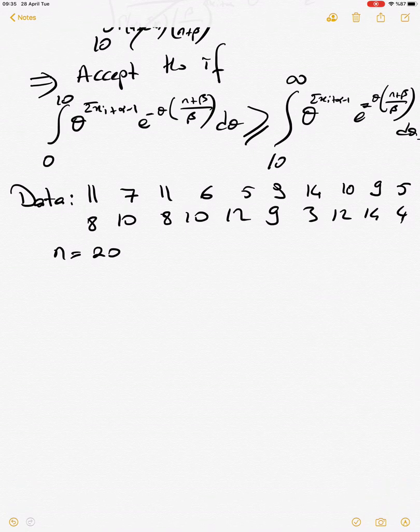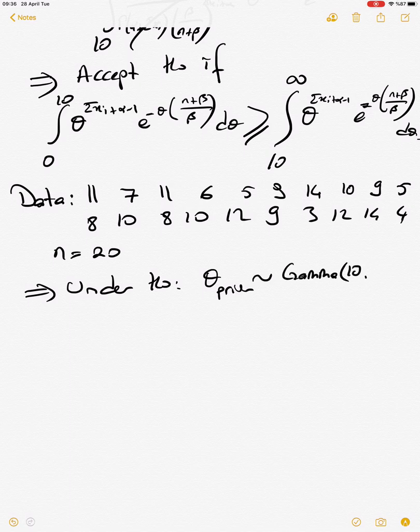Since we have a Poisson variable, we have a gamma distribution prior. Theta is 10 here.